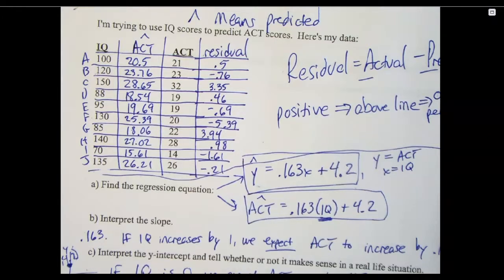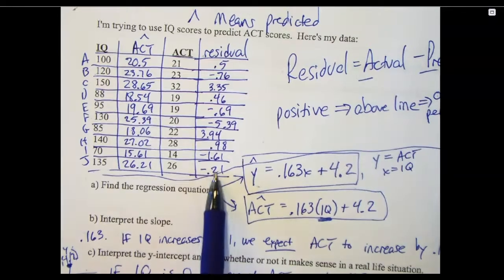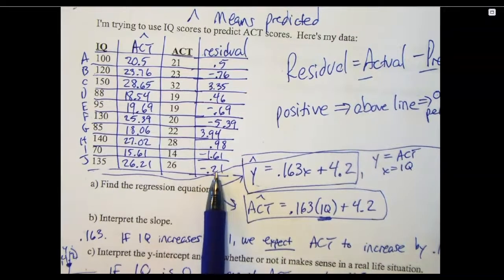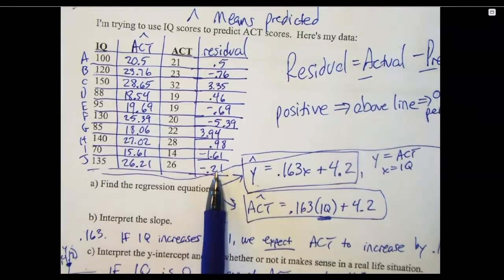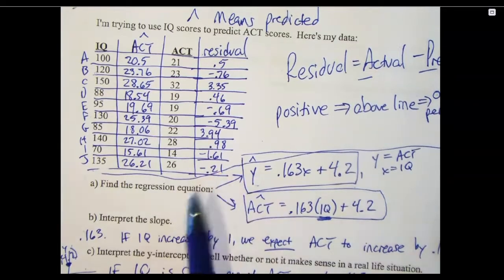F. Who got the closest to what they would have been expected to get? J, because that's the closest to zero. What would the residual be if you got exactly what you were supposed to get? It'd be zero, so that's the closest to zero. Questions on this chart?